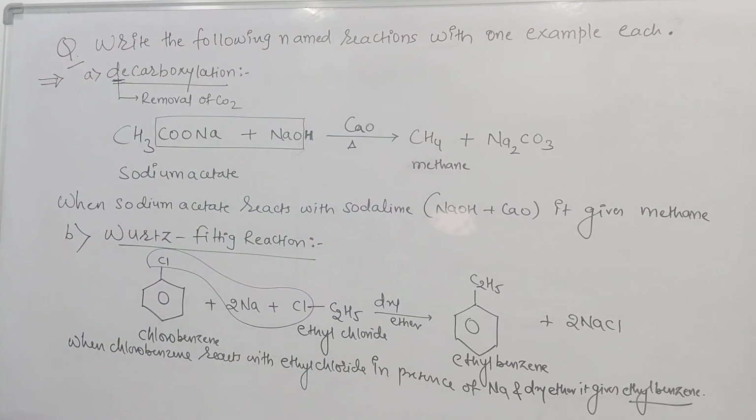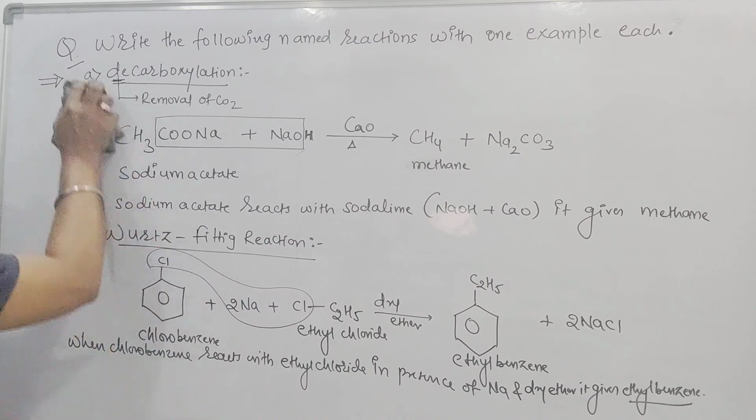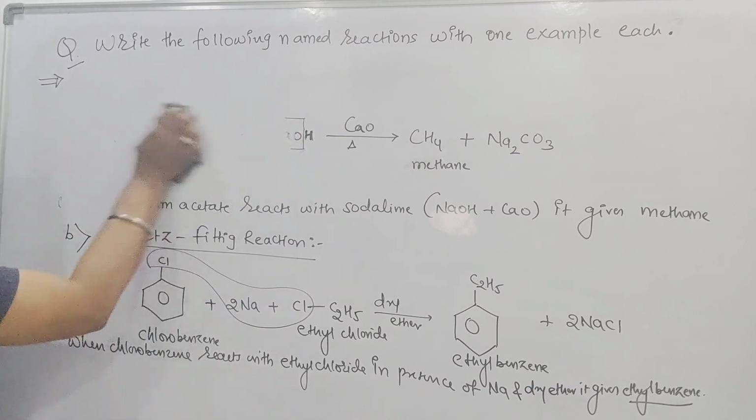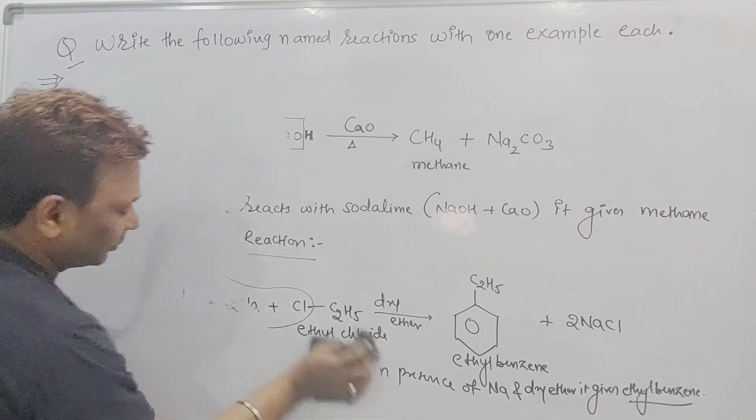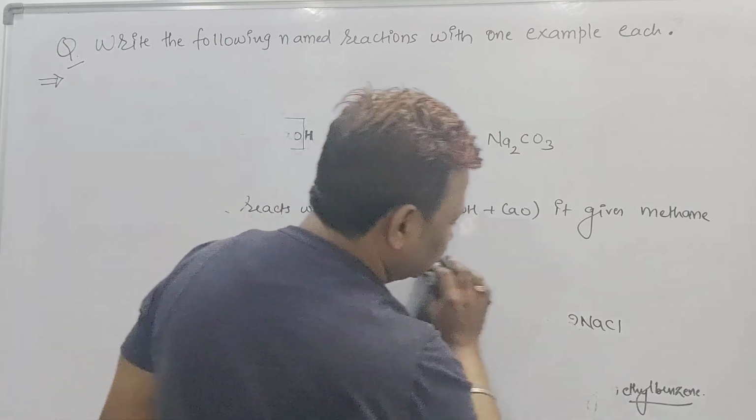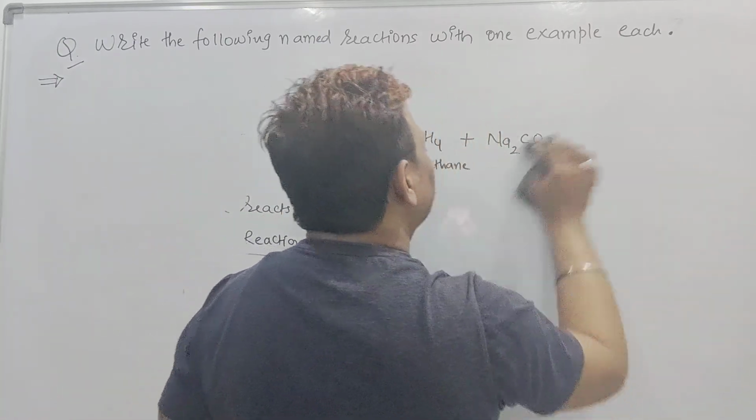The next two again we will see. Cannizzaro is there, aldol and cross aldol. Third one, I will tell you, beta. Cannizzaro reaction, then aldol, and then cross aldol.